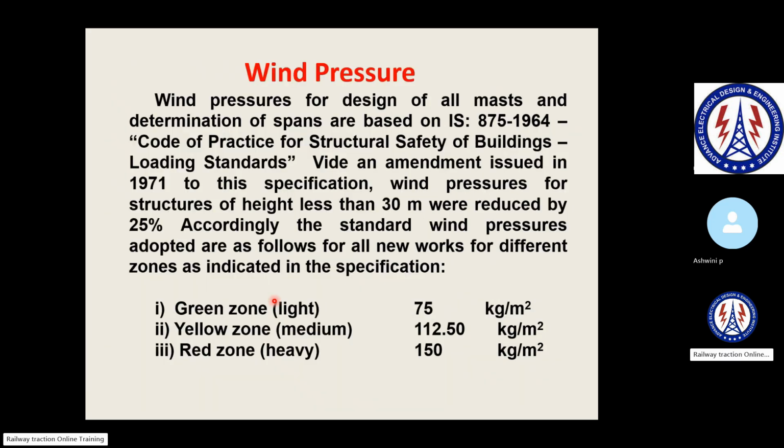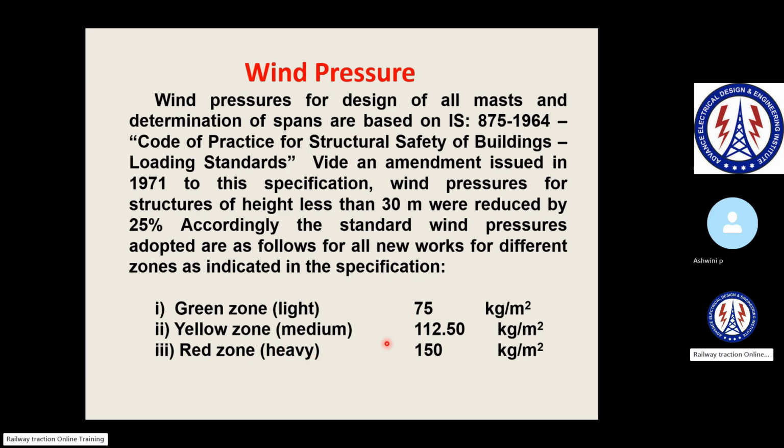So these are the wind pressure zones. Nowadays, wind pressure is divided into green zone, yellow zone, and red zone. This has to be always kept in mind: if it is 75 to 112.50, it's green zone. Above that, it's yellow zone, and above 150, it will be a red zone, like a heavy wind pressure zone.